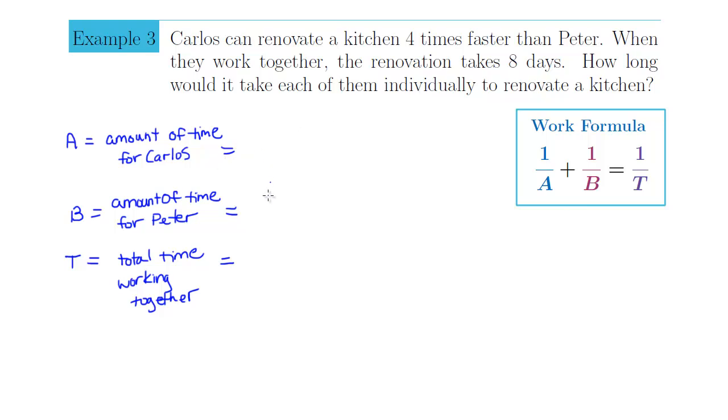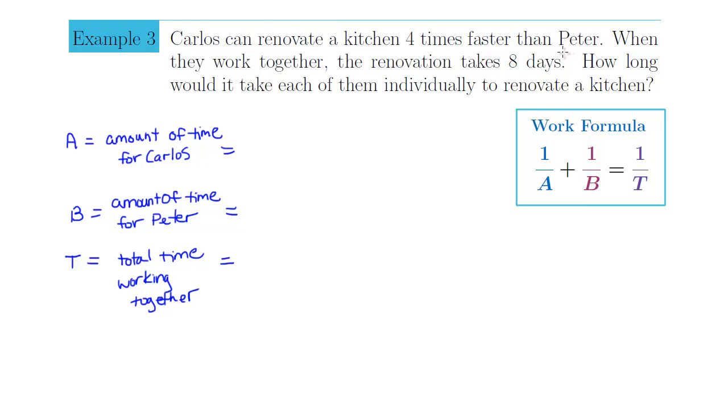So both of these quantities are going to be unknown quantities, or quantities involving a variable. So let's go back and see what is the amount of time it would take for Carlos to renovate the kitchen. Well, our problem tells us that Carlos can renovate a kitchen 4 times faster than Peter.